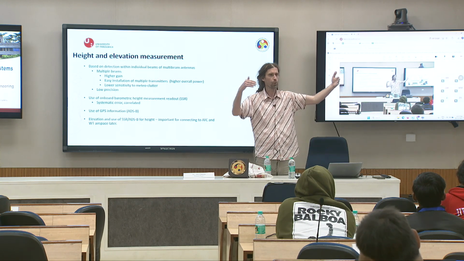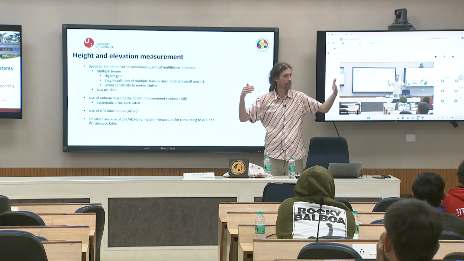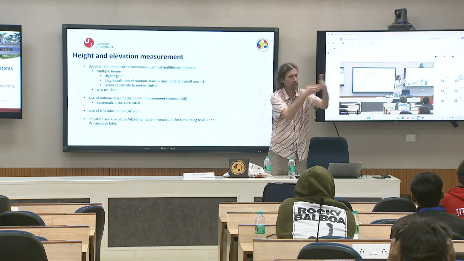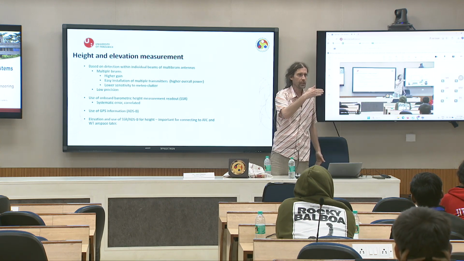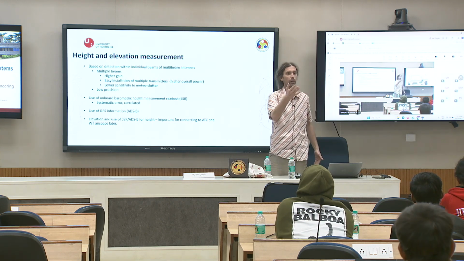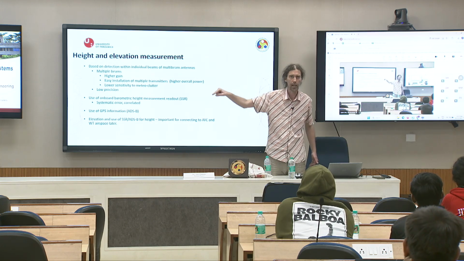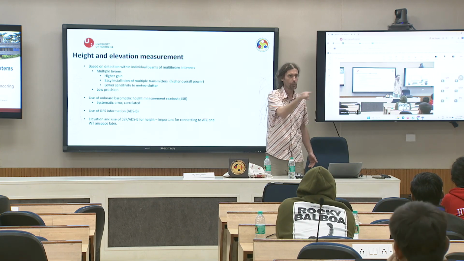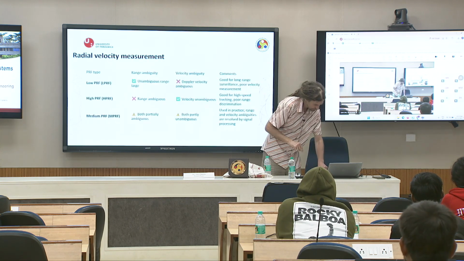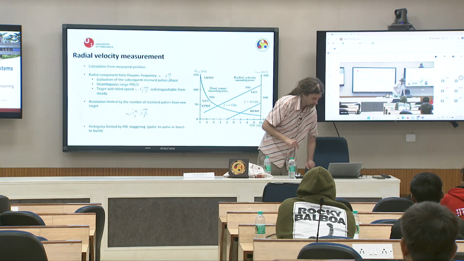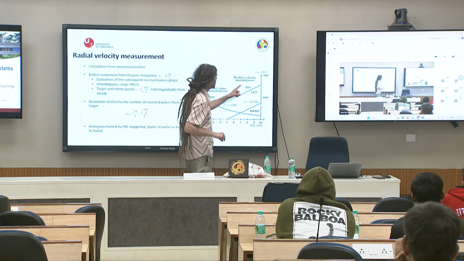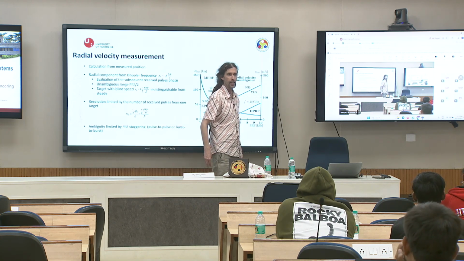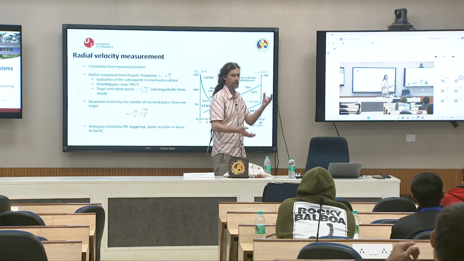But this high frequency pulse at 10 gigahertz hits the target, and due to the movement of the target, this carrier frequency will be shifted by Doppler shift. So it will not be 10 gigahertz, it will be 9.9 gigahertz. And from the 100 kilohertz difference, I can compute the speed of the target. And this tells me what is the maximal speed that I can detect. So it is like this connection.